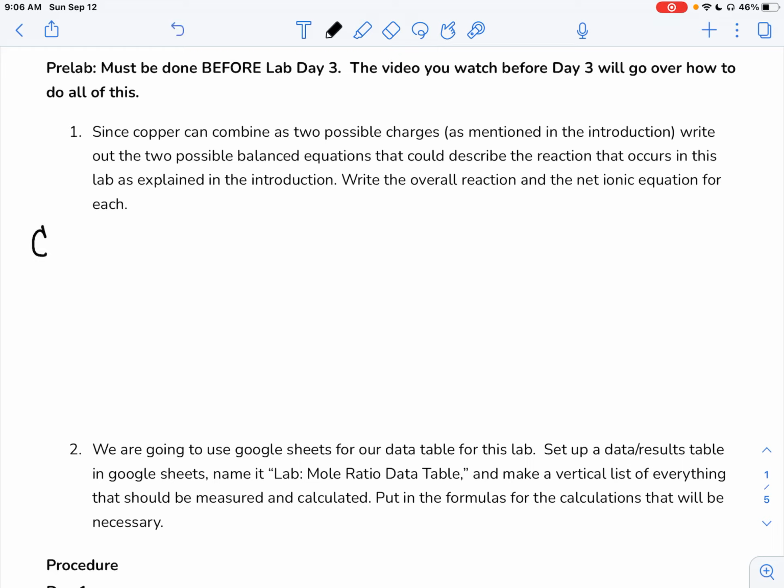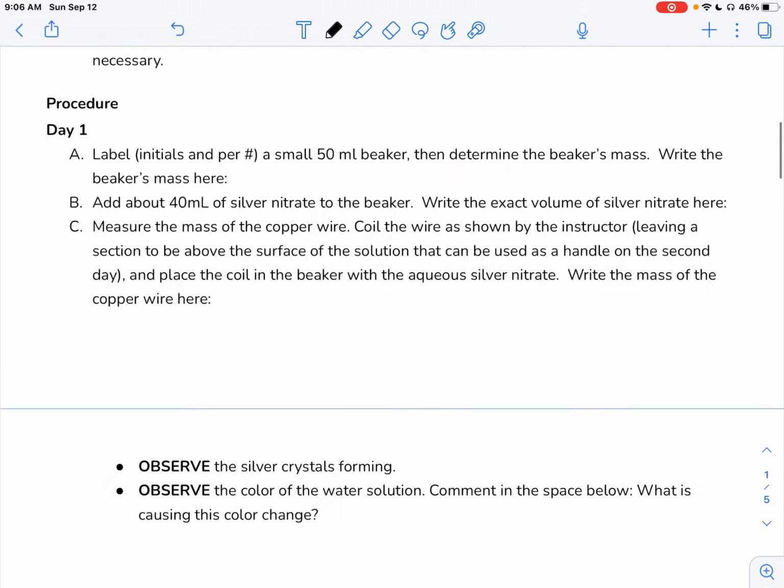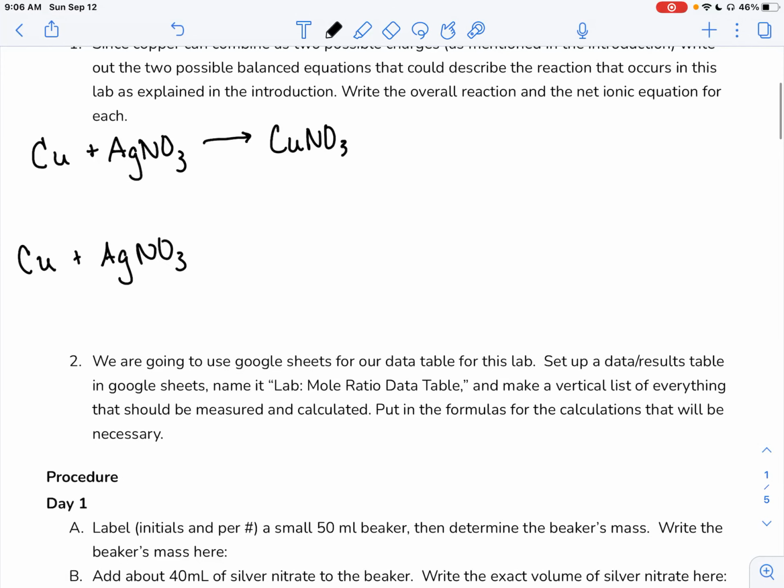Okay, so both of them are going to start with copper and silver nitrate. For copper 1, when we switch copper and nitrate, we get CuNO3.